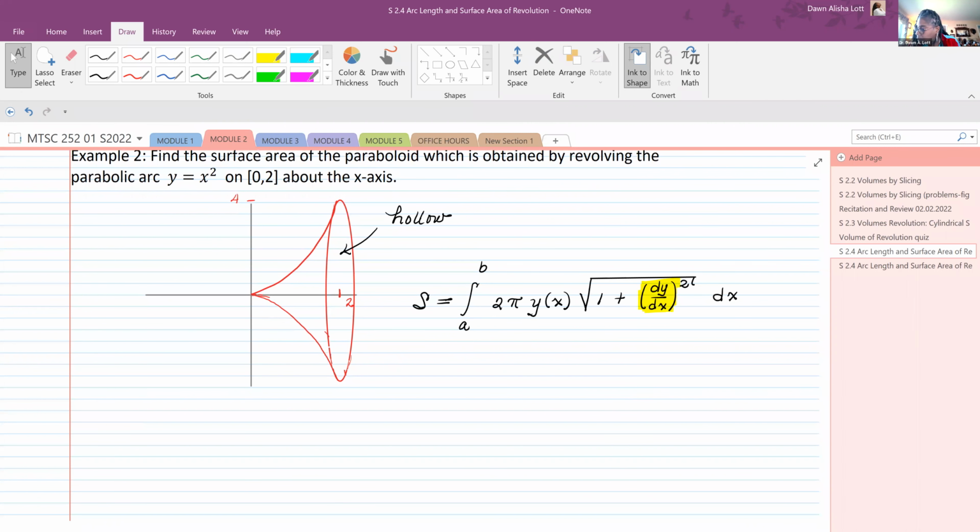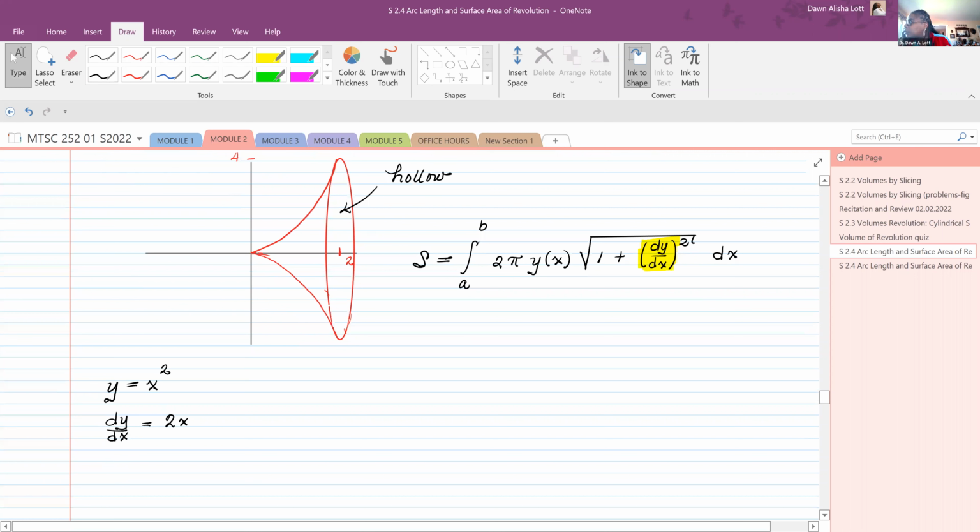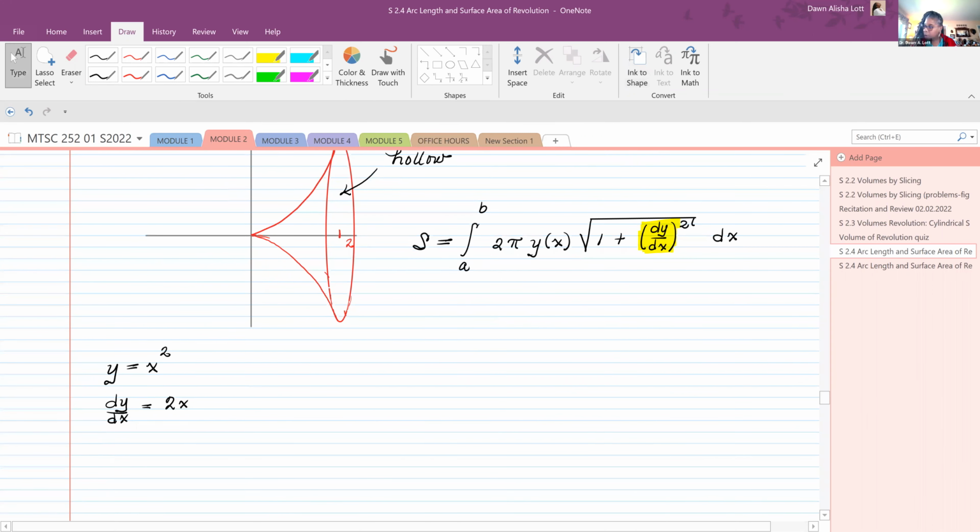We know y is equal to x squared, so dy/dx is 2x. We need to square it, so (dy/dx) squared is 4x squared.